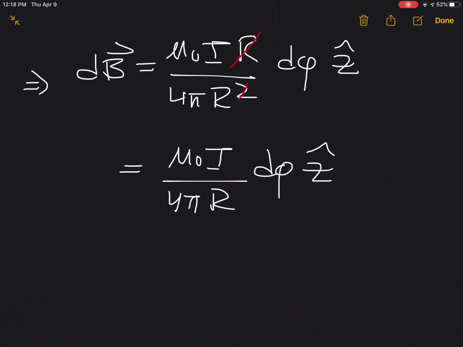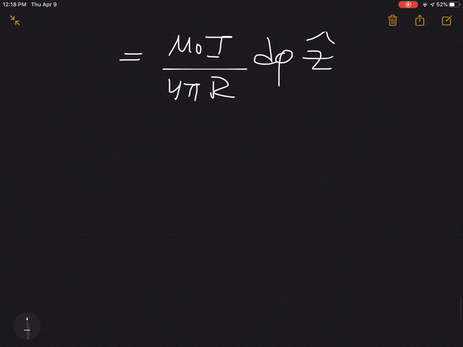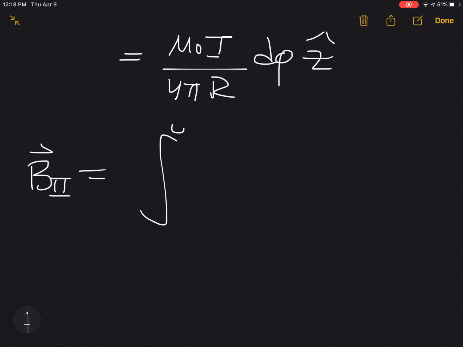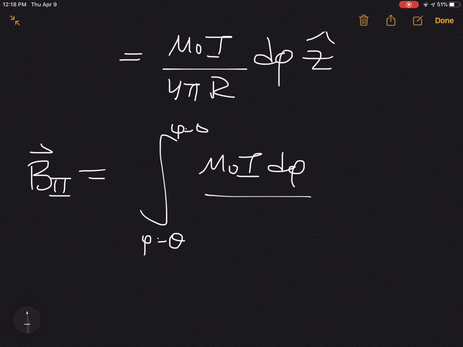Now we want to integrate this thing. We're going to integrate that whole thing from phi equals 0, which is at the top of the circle, to phi equals theta, which is at the bottom of the segment. And this is mu naught I d phi over 4 pi r in the z hat direction.